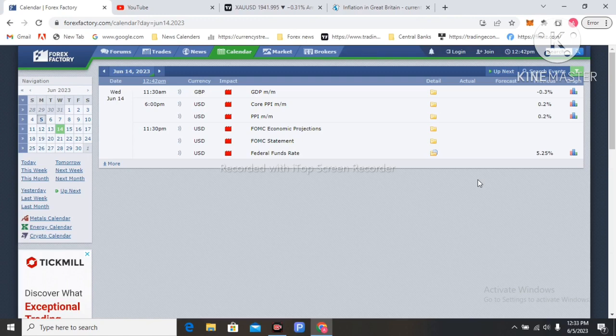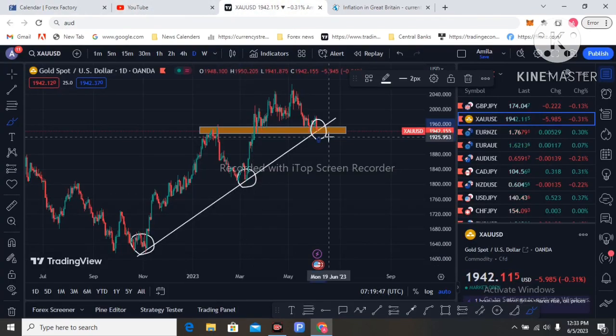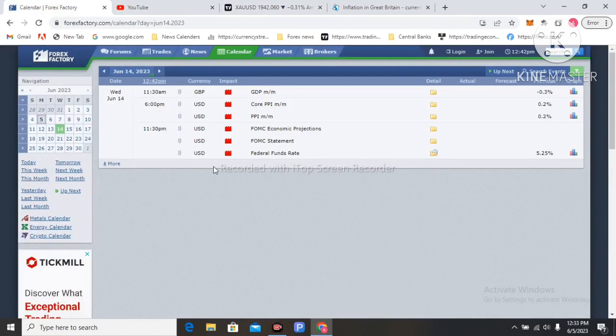The Fed is going to force interest rates at 5.25, which is demand for gold. So you should follow this economic data to buy gold in this area. That's the most valuable economic event, the June 14th Fed interest rate decision.